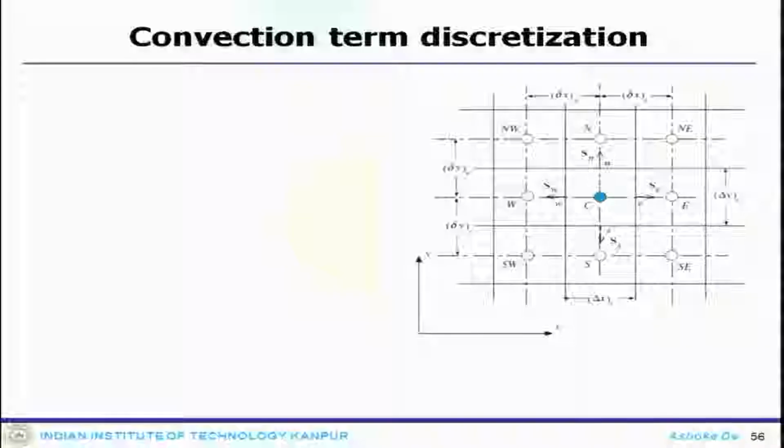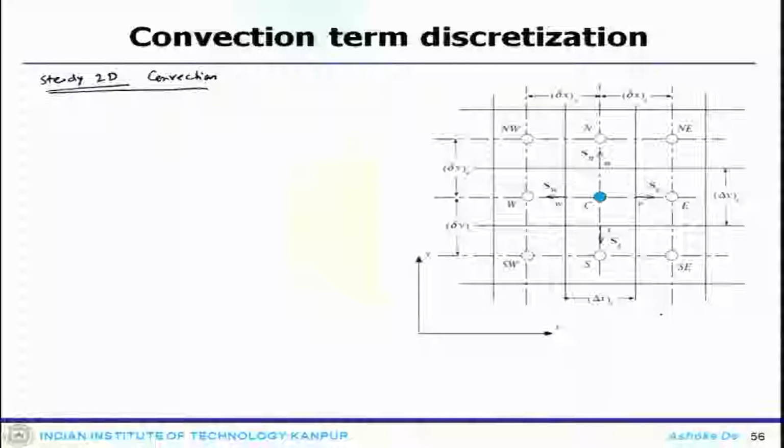Now, we will move ahead and look at the two dimensional steady 2D convection system. So, in our discussion so far, where we talked about all the schemes, we took the convection diffusion equation.